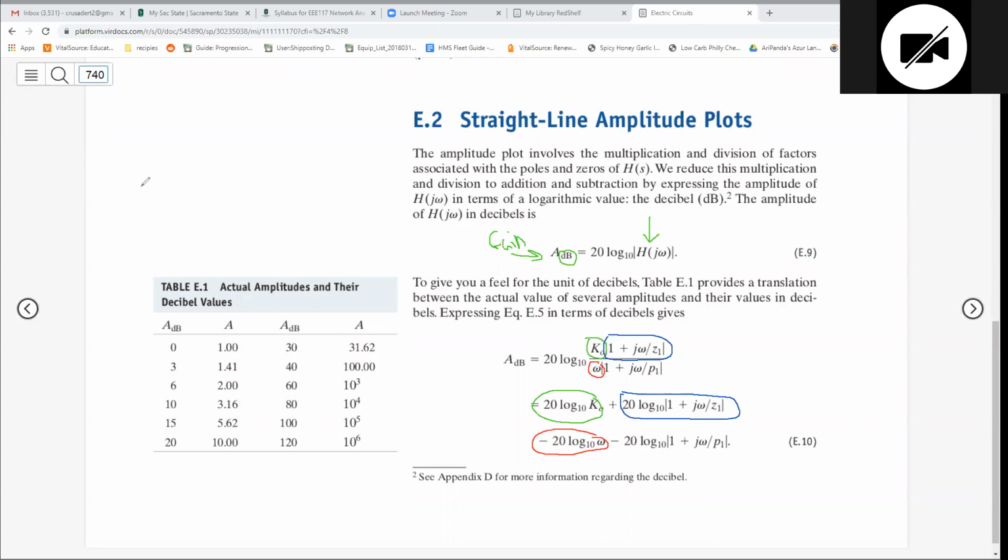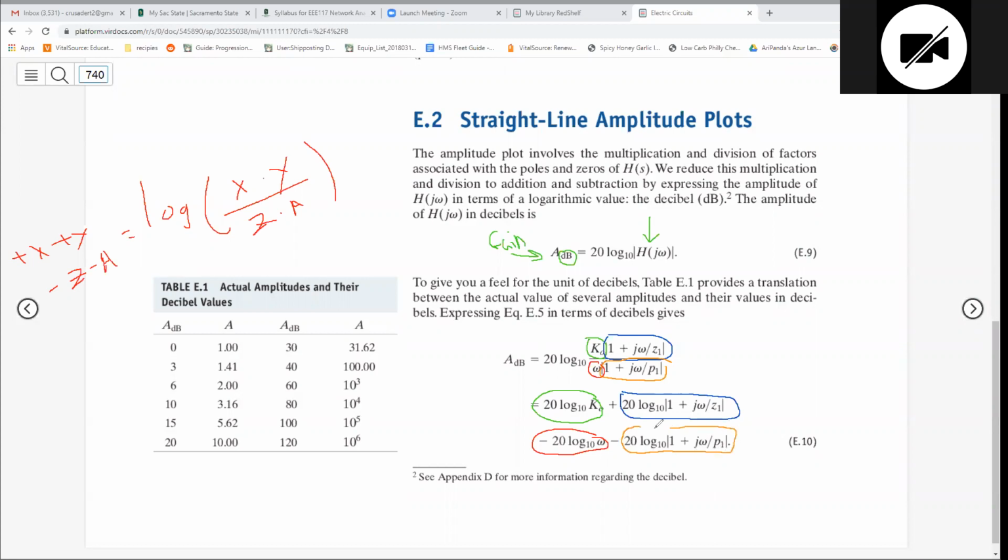If you remember log, anything on the top is going to be added. Anything on the bottom is going to be subtracted out. So this will be positive X, positive Y, minus Z, minus A. Okay, this is one of your log properties. And lastly, we have our second pole that we're going to have right here.